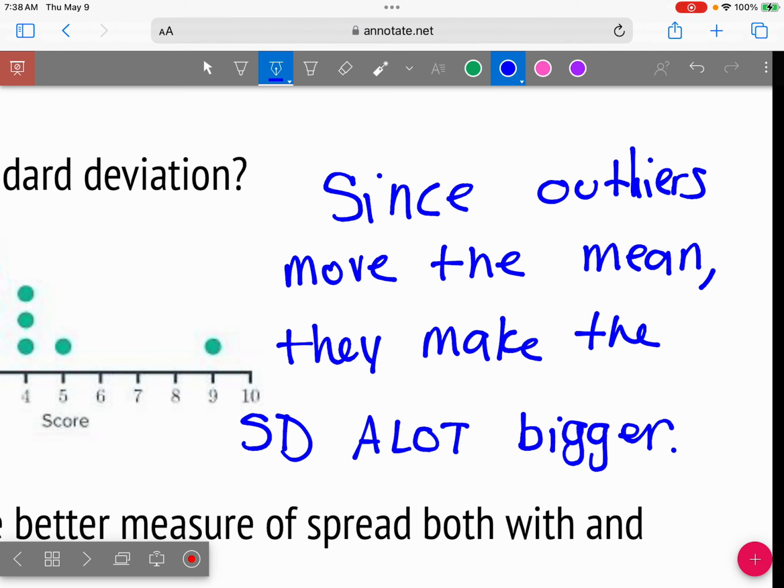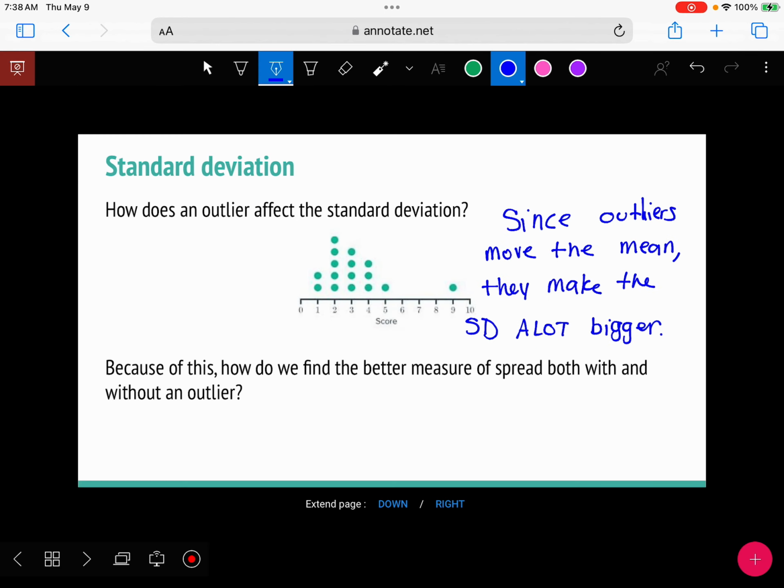So what that means, because of this, when we're talking about measures of spread, meaning standard deviation or interquartile range, it's really based off of the same way we choose how we measure the center.